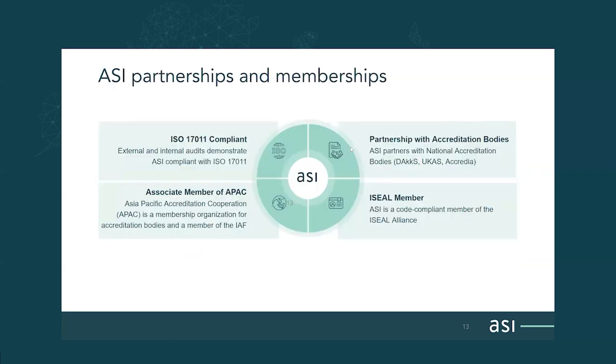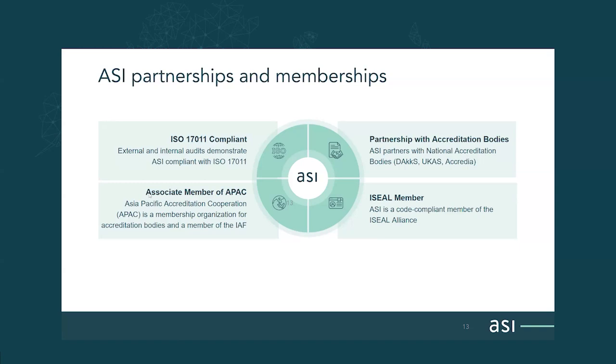Last but not least, in this section, we strive for further partnerships, recognitions, and memberships. So generally, ASI runs a system that is ISO 17011 compliant. This standard sets the requirements for accreditation bodies. And our internal audits, external audits also prove conformance.